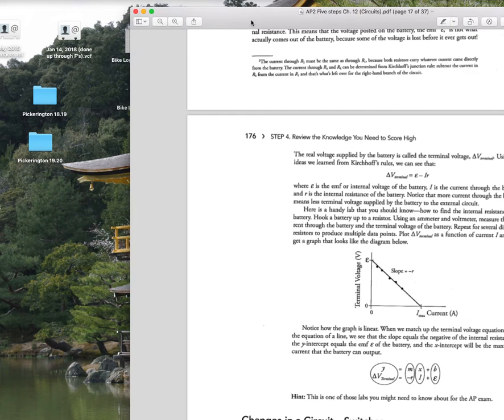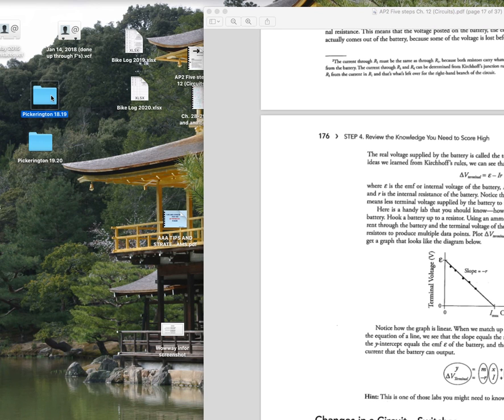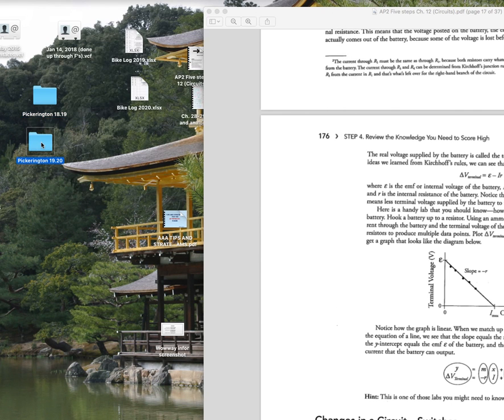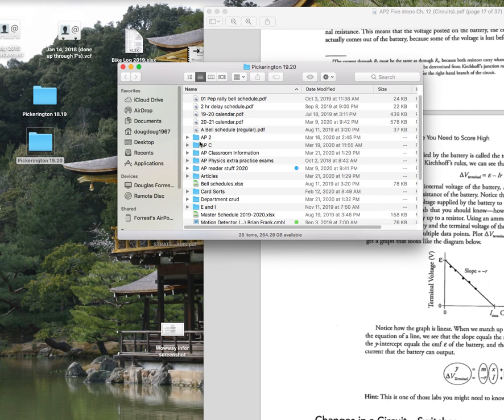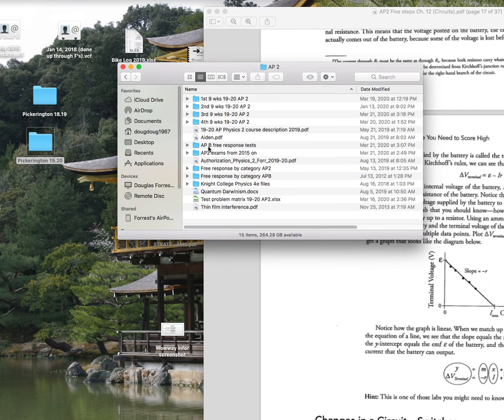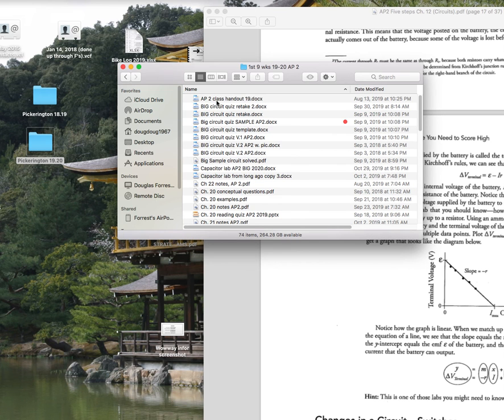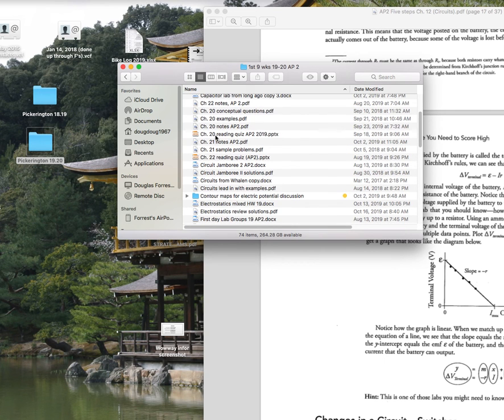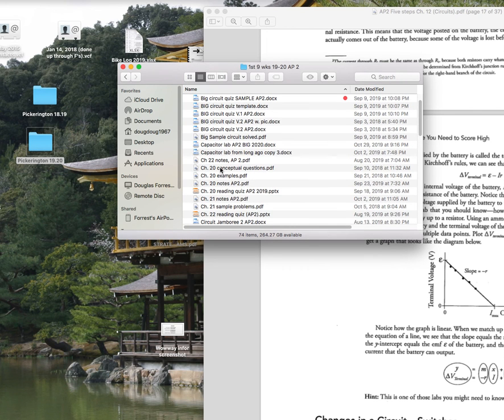I can take a minute and see if I can figure out which one that is. Is it on here? Which one was that? Circuit lab. Circuit Jamboree, Circuitry Lab.